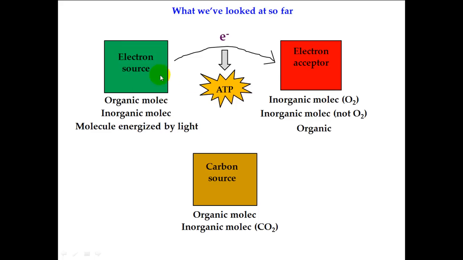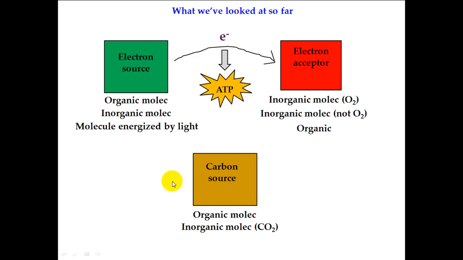The reason why these two things are important is because when electrons move between them, that's what generates a whole bunch of ATP. Cells also need a carbon source in order to stay alive, because carbon sources are what's used to build the bigger things inside of a cell. We mentioned that you can categorize cells based off of what type of molecule they use as these things.